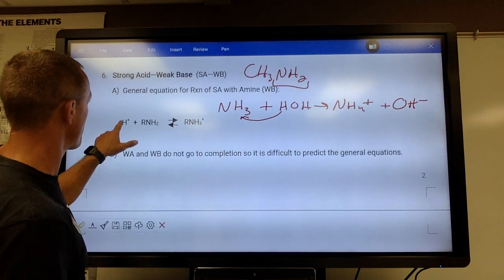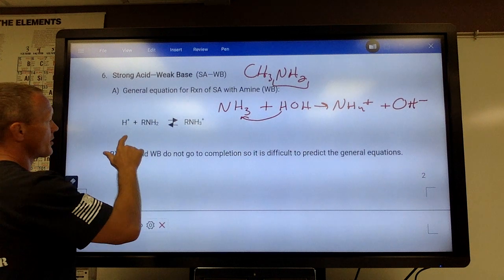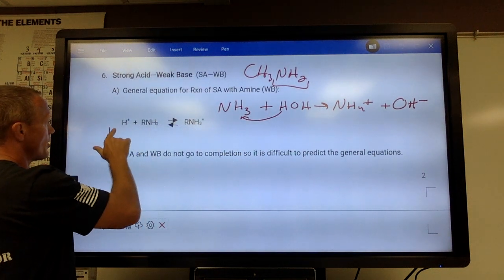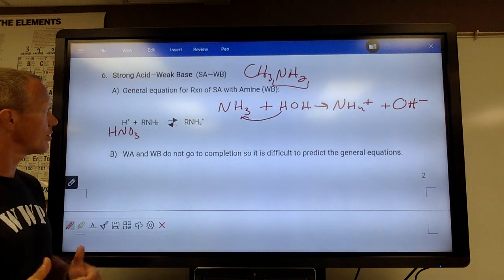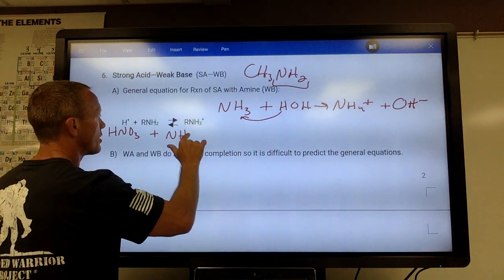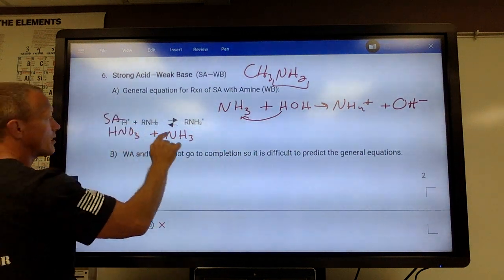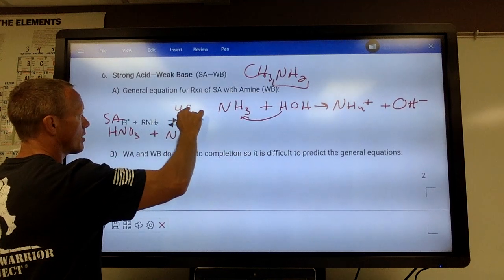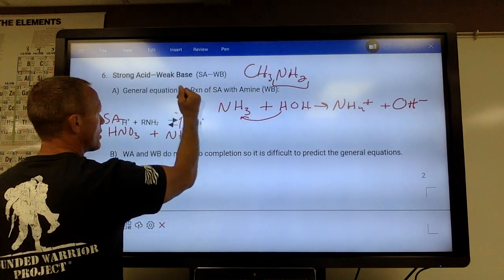So let's pick out a strong acid. Let's say we have HNO3, strong acid, or HCl or HBr or whatever it is, plus ammonia. There's our weak base. Strong acid, weak base.